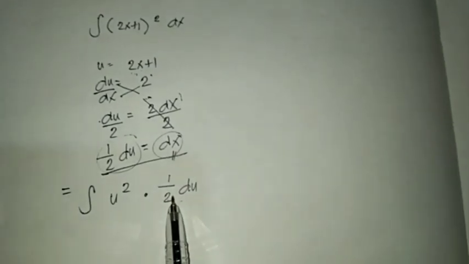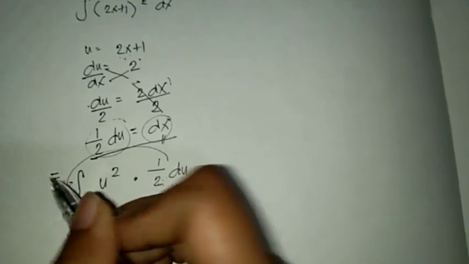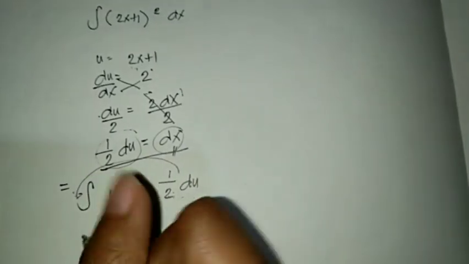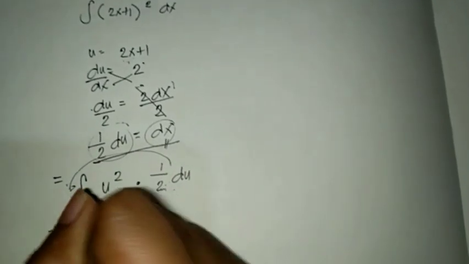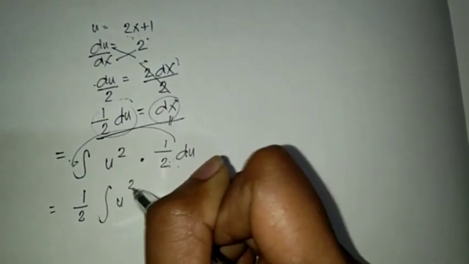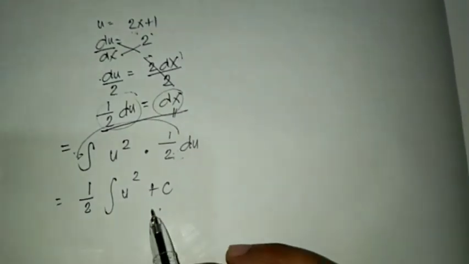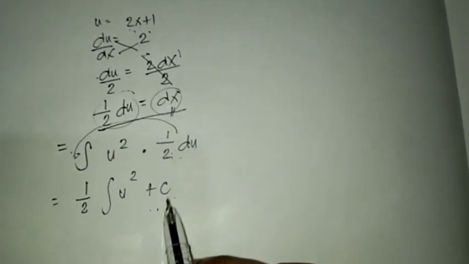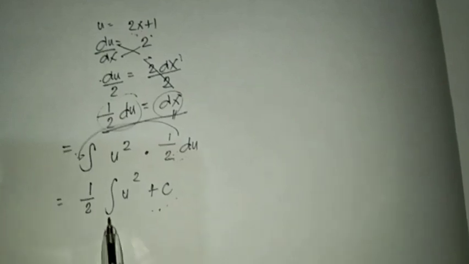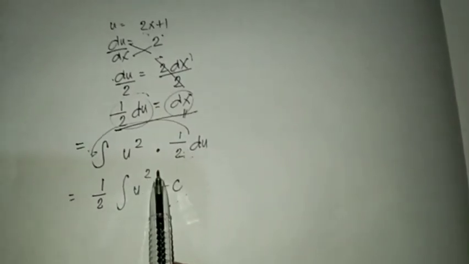Since it is a constant number, we need to put it in front of our integral sign. So 1/2 times the integral of u to the power of 2 plus c. Automatically, let's add the constant at the end of our term, after the u to the power of any exponent.